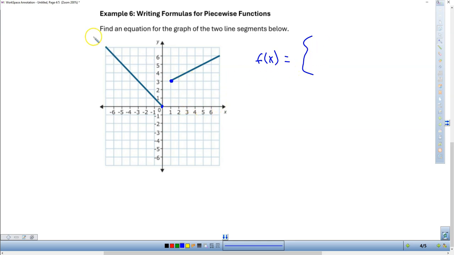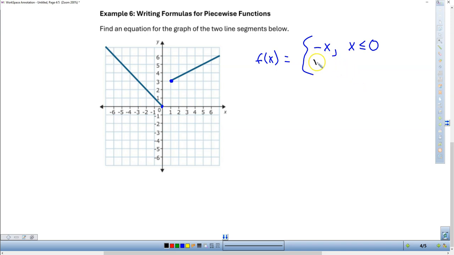So our first function is simply coming straight down. That part we can say is negative x, and that is for when x is less than or equal to 0. What about the other half of this function? Well, if we look at our rise over run here, it looks like we are moving 2 over and 1 up, which means we have about a 1/2 slope here, because it's going up half the speed.